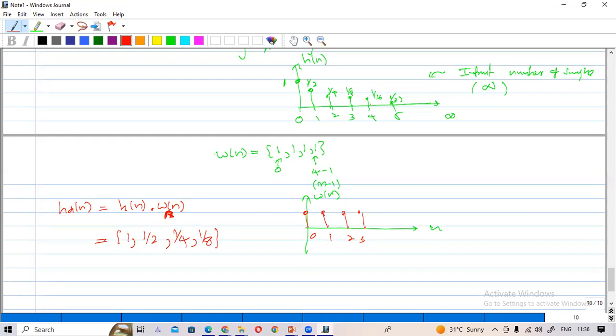Then 1 by 16 into 0, and all the remaining terms will be 0. So in your desired response, you will have only these 4 countable samples. That is your desired impulse response, so this will be an FIR, a finite impulse response filter.